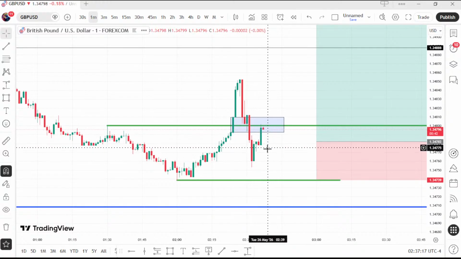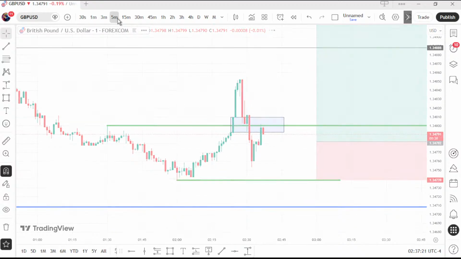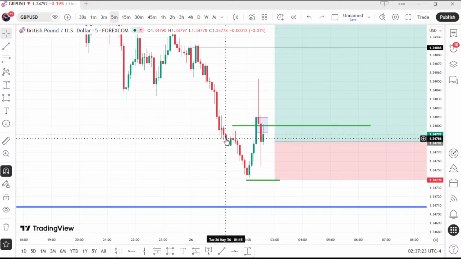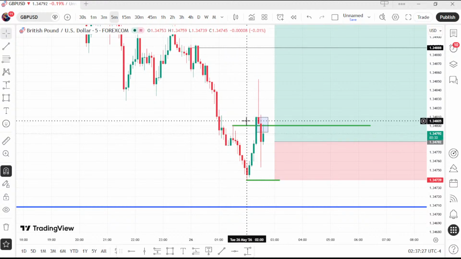It's going to go down to scare us, telling us that it's a market structure shift, but no. It's actually rebalancing that full fair value gap.